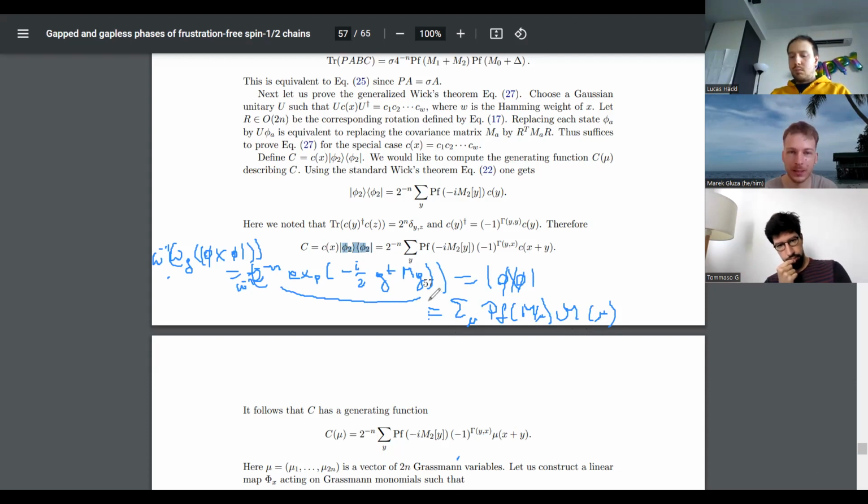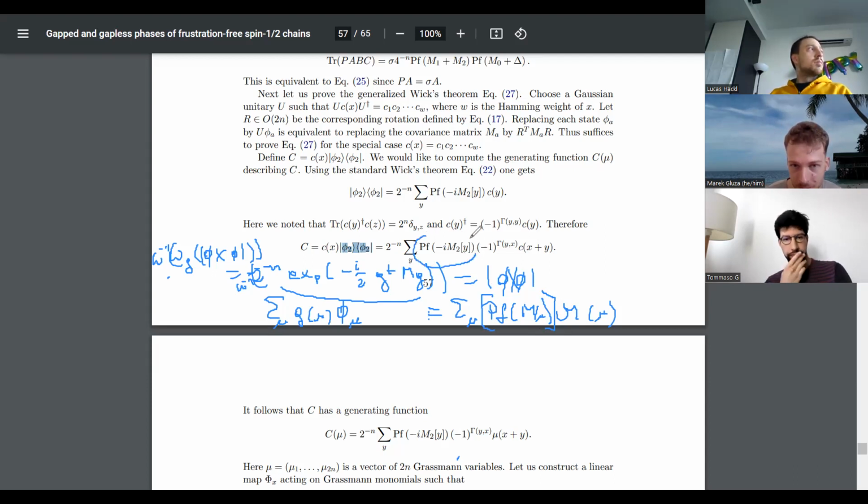So when you go back, you realize that if you write this as the sum over all mu's, what are the coefficients here? So phi mu, so to speak. And those phi mu's, if you do the computations, are the Pfaffians of restricted matrices here. So that's in some way Wick's theorem or whatever.